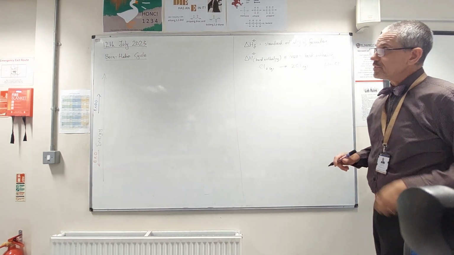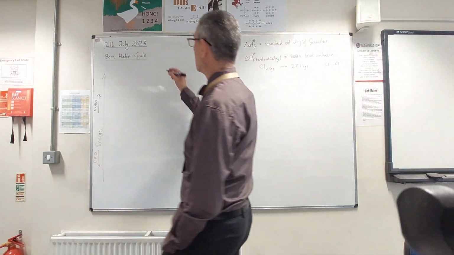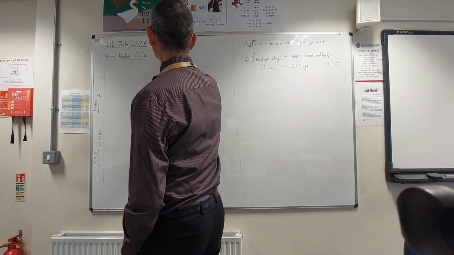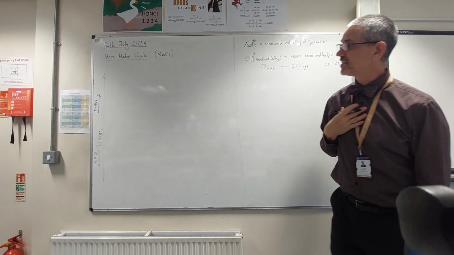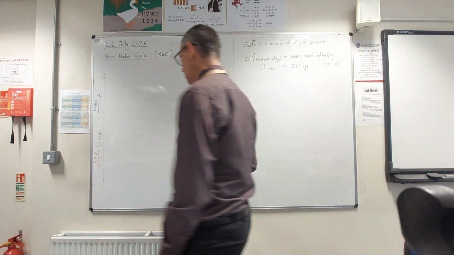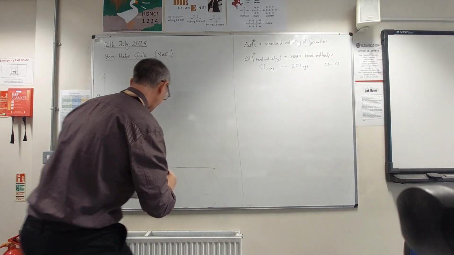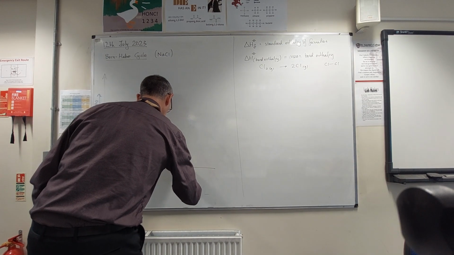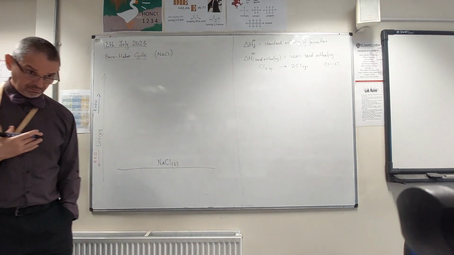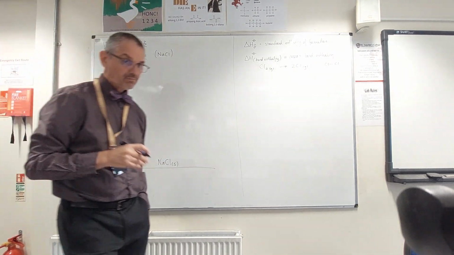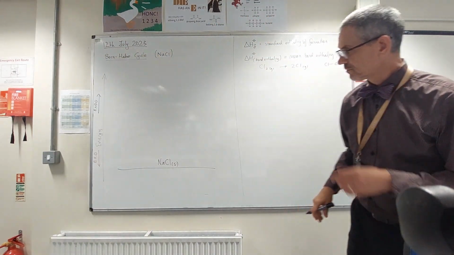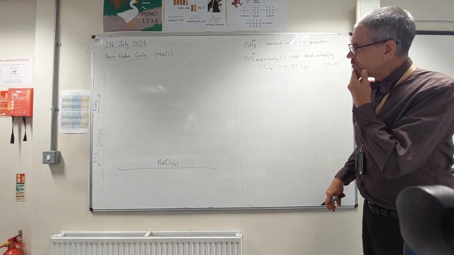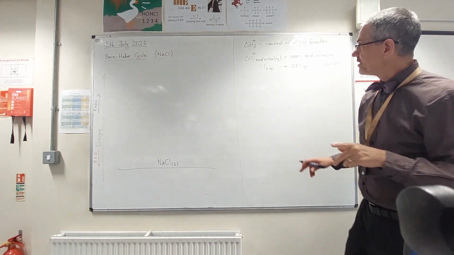Okay, so this is going to be a Born Haber cycle for sodium chloride, is what we're interested in. And I'm going to put sodium chloride right at the bottom. That's where it goes. Solid sodium chloride will be right down there. Well, we know one delta H already.